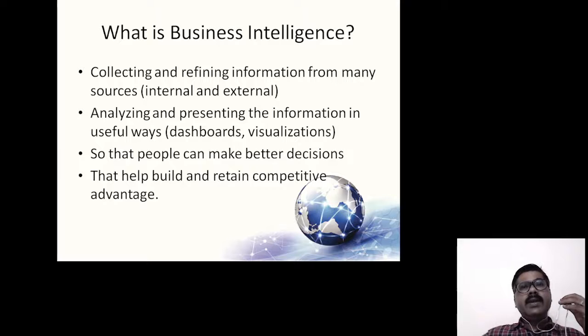The internal information is like what products you are viewing, how many times you have viewed the product, and how many similar products you have viewed. All these come as internal information. The external information is such as the location from where you are viewing, and the mode or device that you are using, whether a laptop or a phone. So this external information will also contribute in bringing in business intelligence.